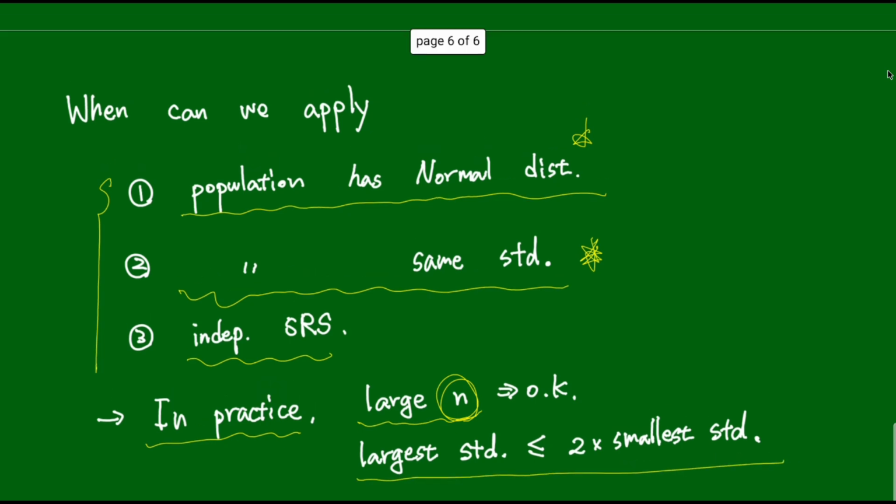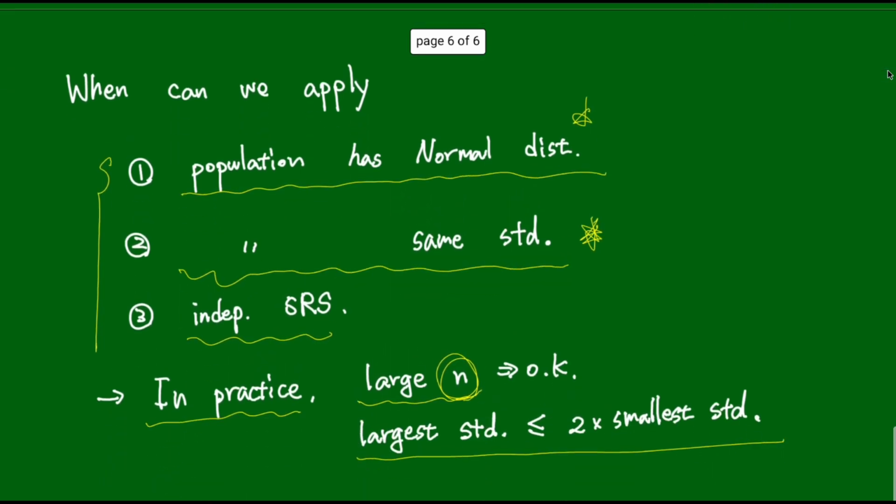In our case, we have 3 groups, right? So for each group, we calculate the sample standard deviation. We get S1, S2, S3, where S1 is the sample standard deviation for group 1, S2 for group 2, and S3 indicates the sample standard deviation for group 3.